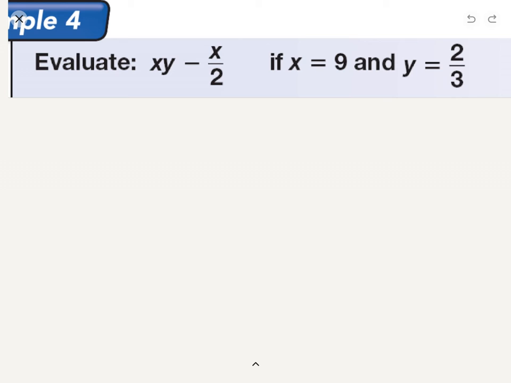All right, so that should have given you time to plug in these numbers. So we'd say 9 times 2/3 minus 9 halves.